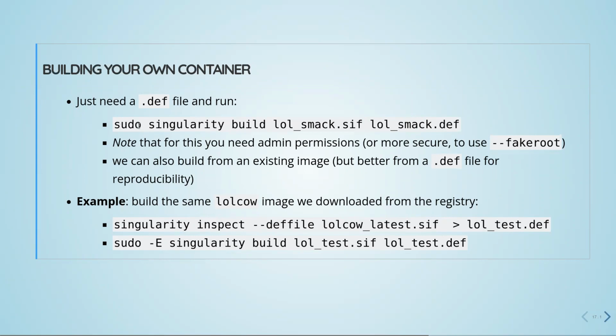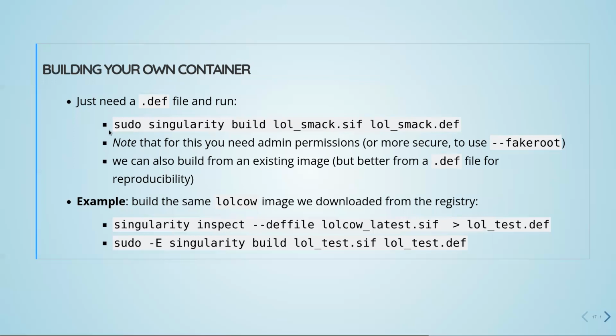That's the only moment when you need to be root, because the idea of Singularity is that you don't escalate privileges. If you want to be root inside the container, you have to be root outside. If you run outside the container as a regular user, you are a regular user inside the container. When you want to create the container, obviously you need to be root, because you are going to put stuff in user bin and in other places that need root access.